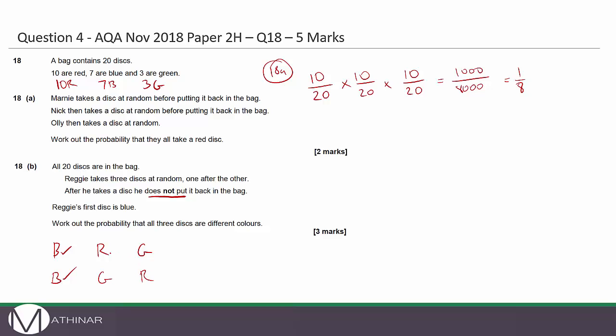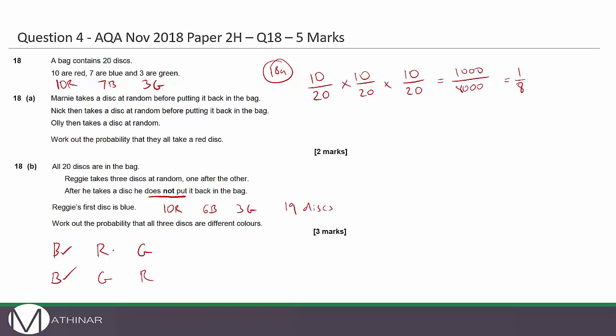So what we need to do is work out the probability that the second disc is red and the third is green, or the second disc is green and the third is red. Now that the first disc has been taken out, we still have 10 reds, we only have 6 blues, and we have 3 greens, and in total we have 19 discs.